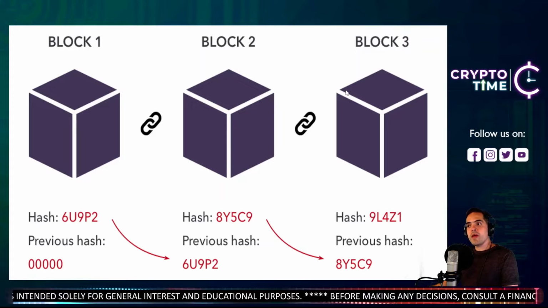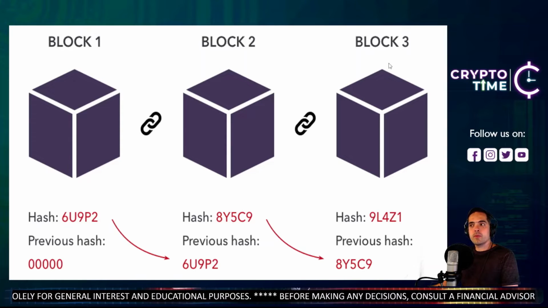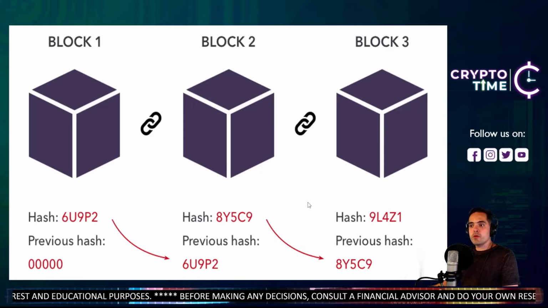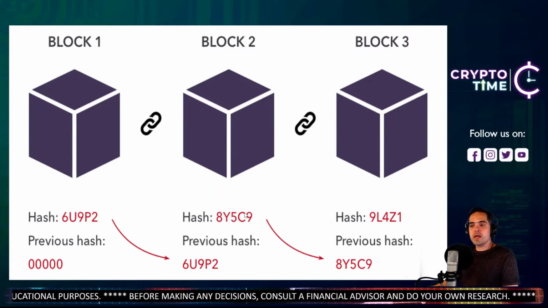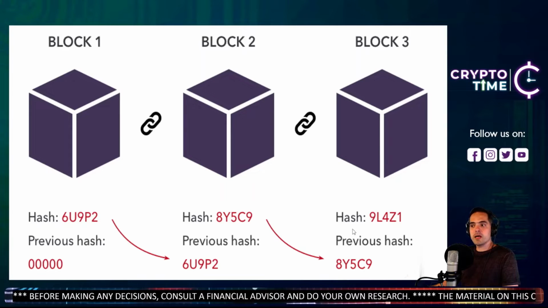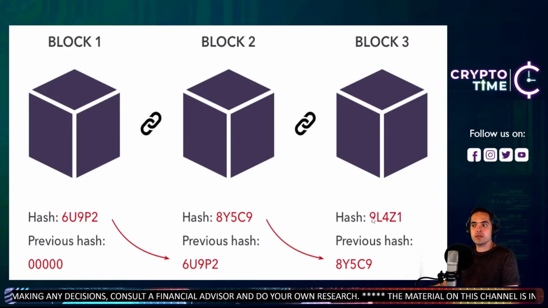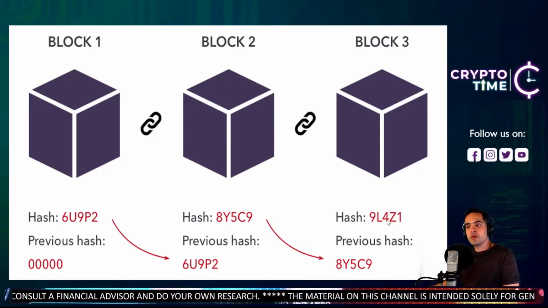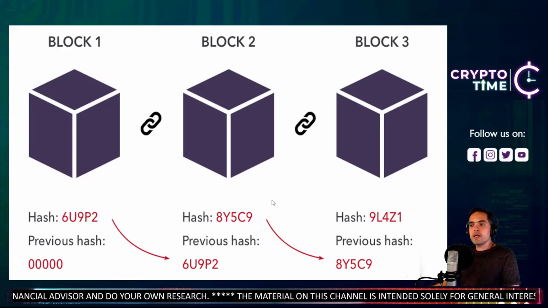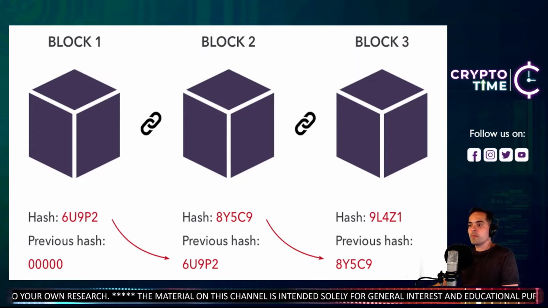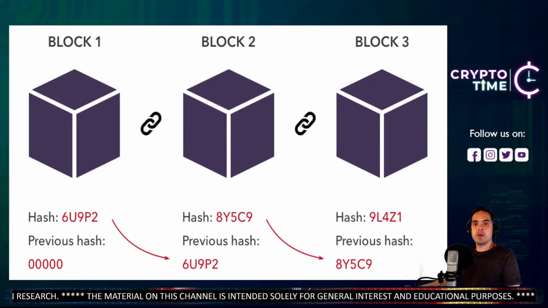Now we have a new block, block 3, and again block 3 will have the previous hash, the data of the previous block, plus its own data, its own hash, and so on and so forth. That's the idea. So we are building this blockchain, adding blocks and blocks and blocks.